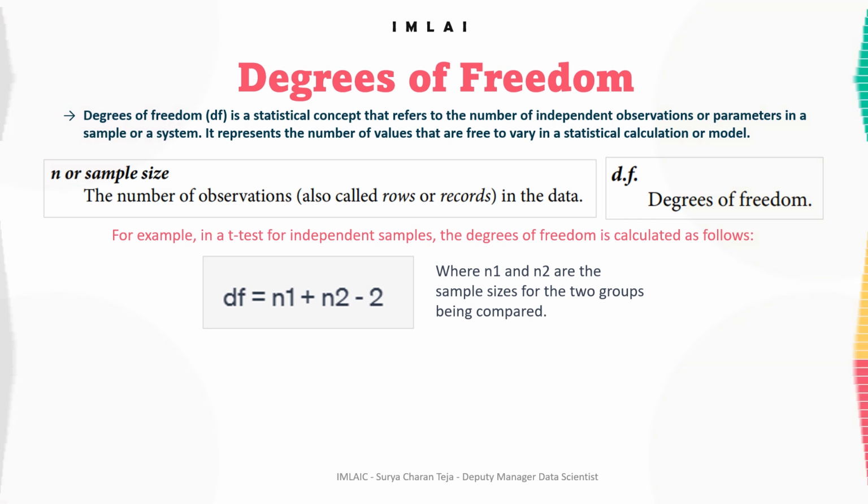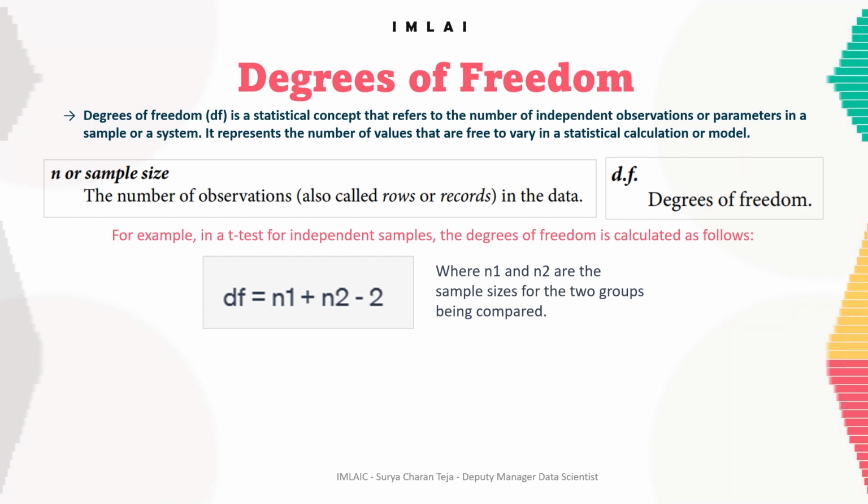The degrees of freedom represent the number of observations that are free to vary in the calculation of the t statistic, after accounting for the estimated parameters in the model.